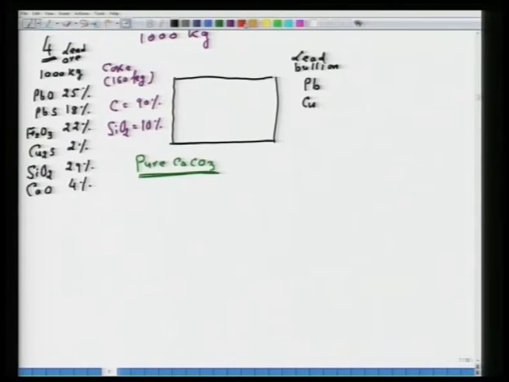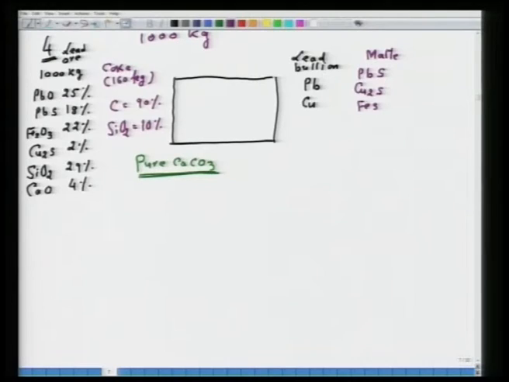Then the next output you have is the matte, and matte will contain PbS, Cu2S and FeS.